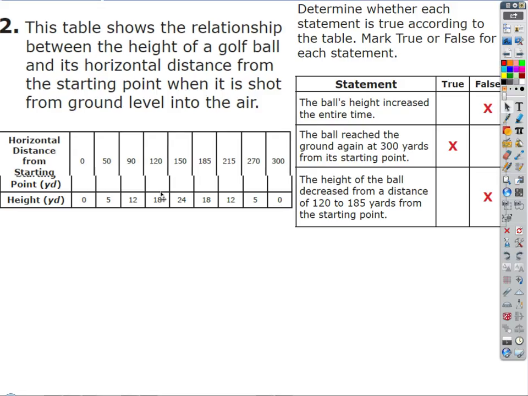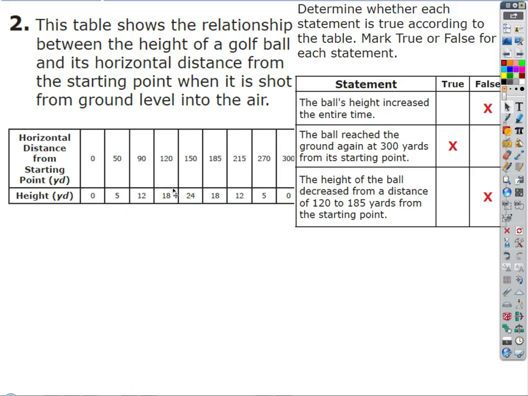So at 120, it's at 18, and at 185, it's also at 18. So did it decrease? Stayed the same, right? What it's done is it's gone up, and there it is at 120, and then it goes back down to that same height at 185. So it's the same height. That's false.